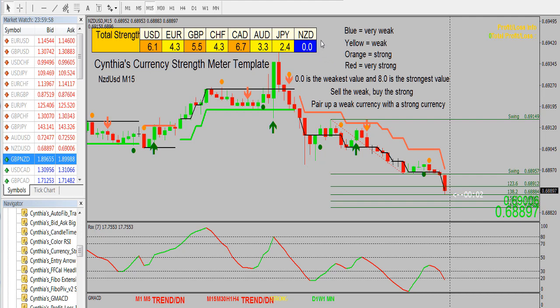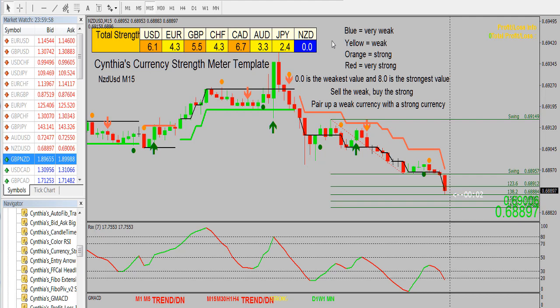If you're going to pair a very weak one, like the New Zealand blue at 0.0, and you were to see on here a red at 7.0 all the way up to 8.0, which is the strongest value, that's a move that usually is already seeing the most momentum, and the values are in an extreme, so the price action has already moved and maybe possibly coming upon a time where the trend or the momentum has started to fall off or decline, so the move might be over.